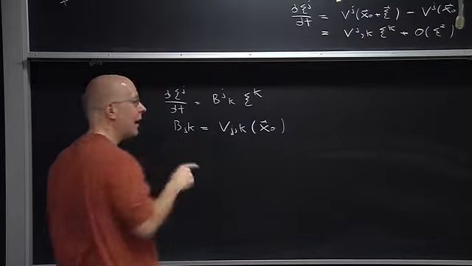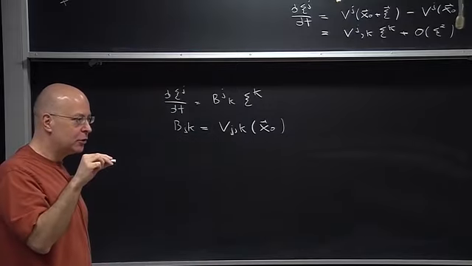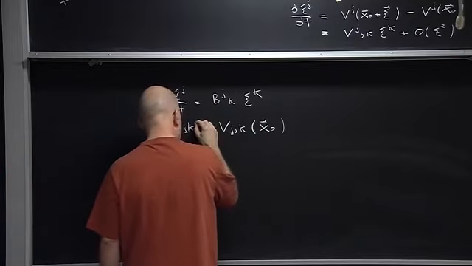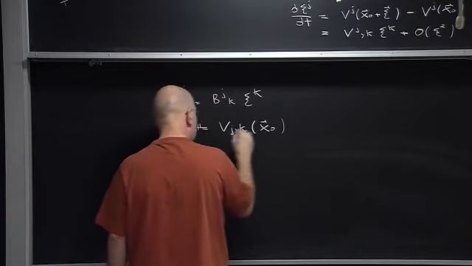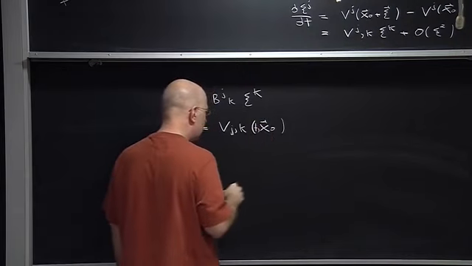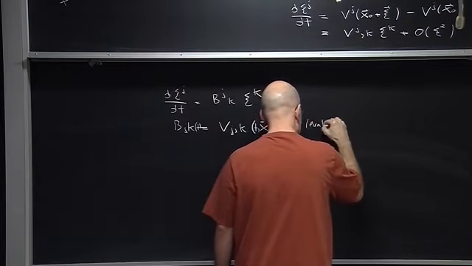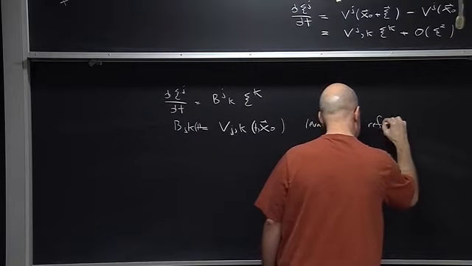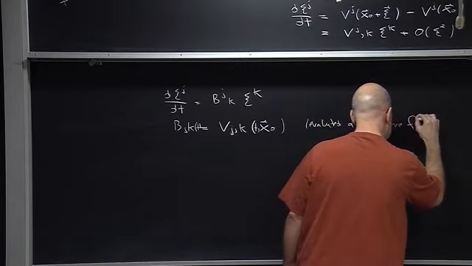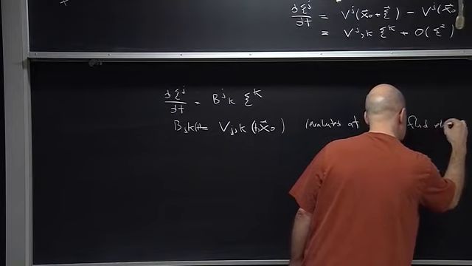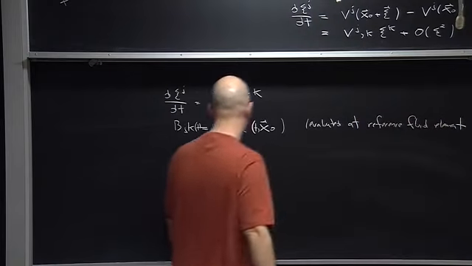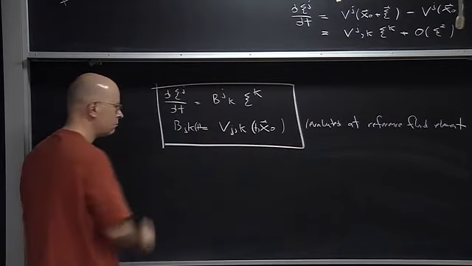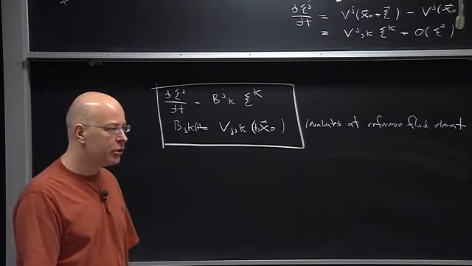It depends on time, but it's always evaluated at a fixed position. So I should indicate the time dependence here and the time dependence here, evaluated at the reference fluid element. So no mystery so far?